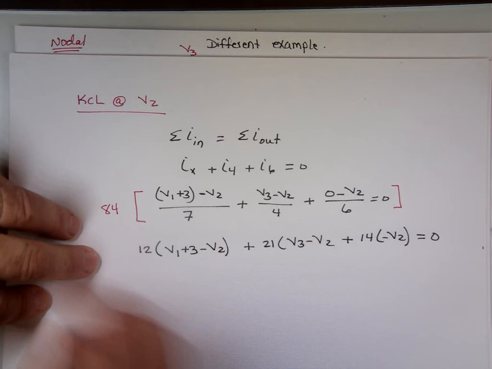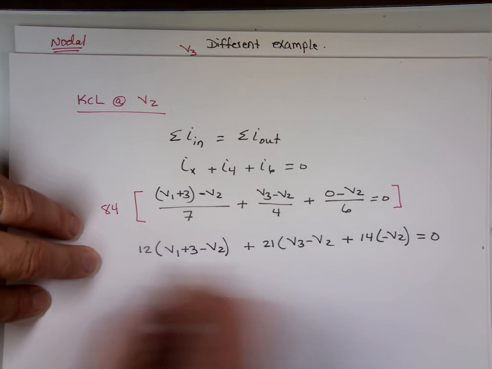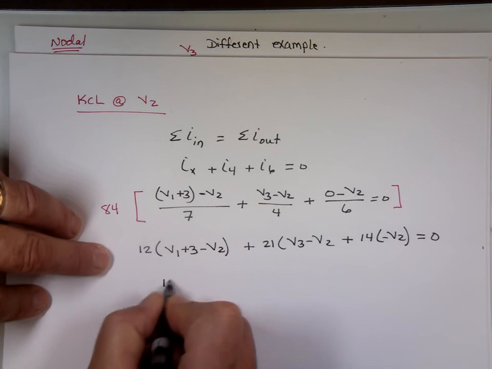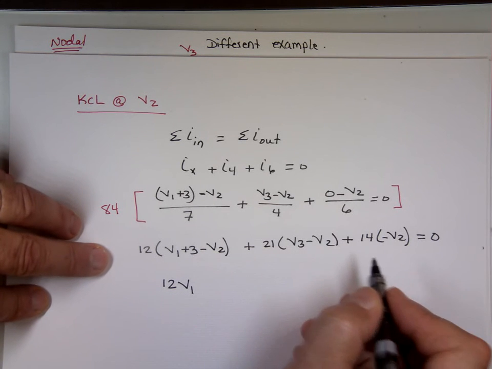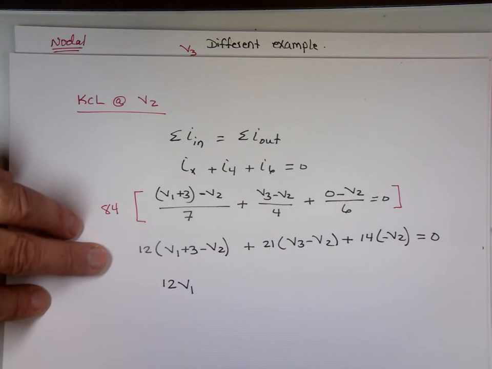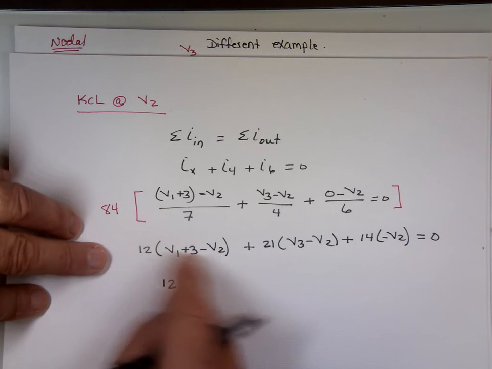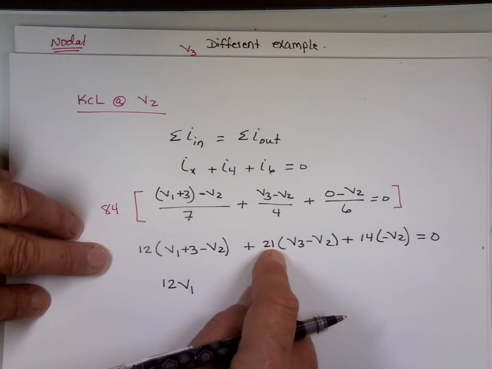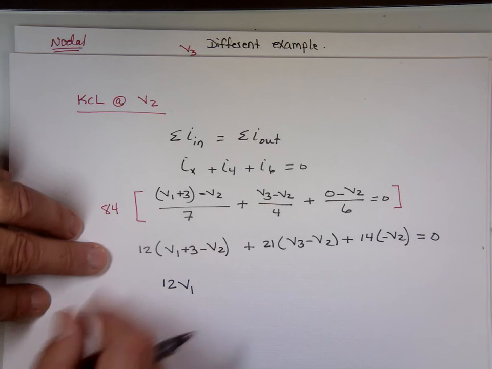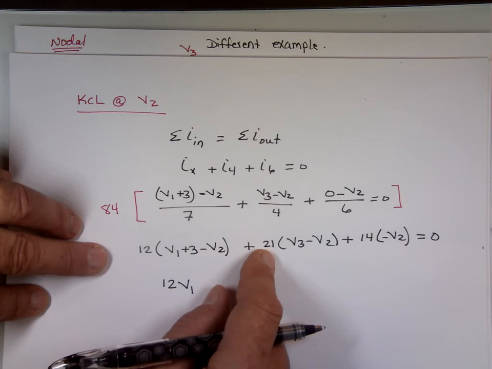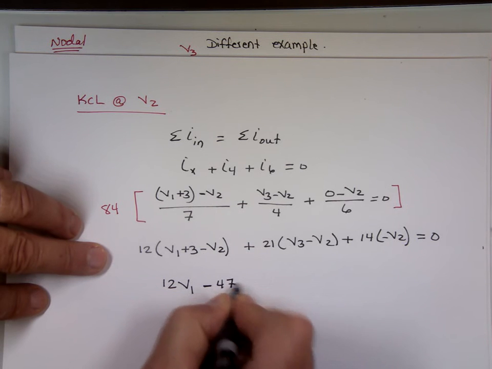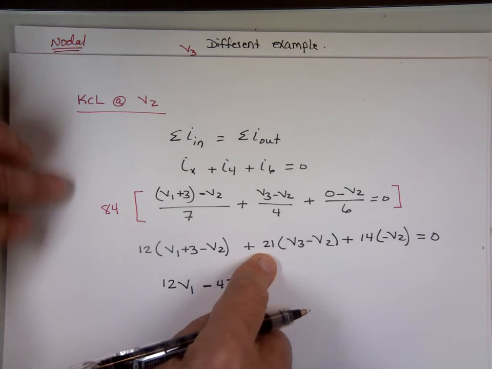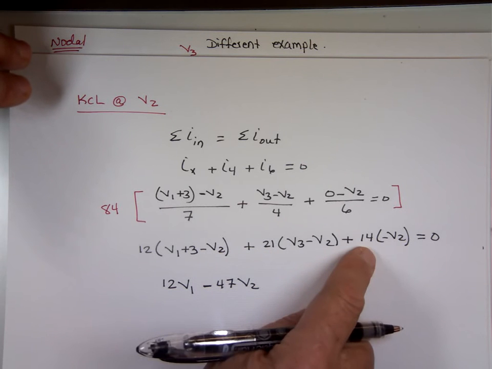Let's clean the math. I see 12V1. For V2, I got negative 12, negative 21, and negative 14. 12 and 21 is 33, plus 14 is 47, I think.